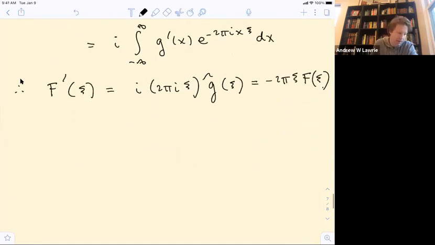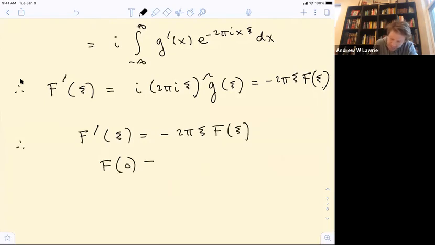So now I have my ODE. Let me rewrite this all. I have F prime of c is equal to minus 2 pi c F of c, and F of 0 is equal to 1.